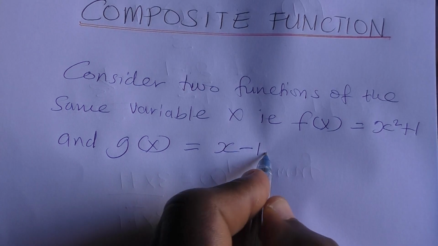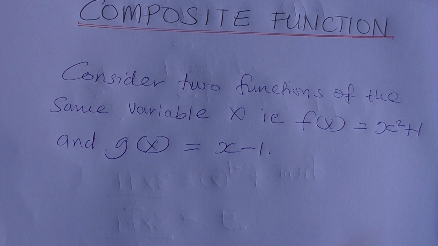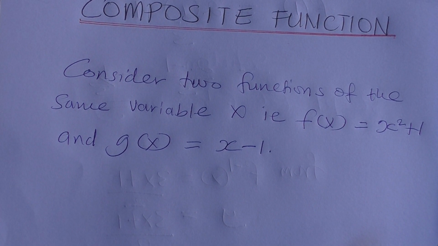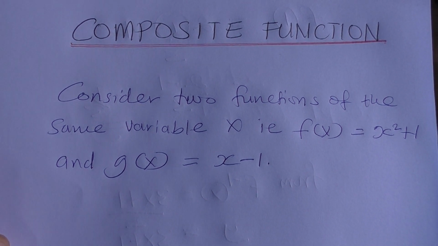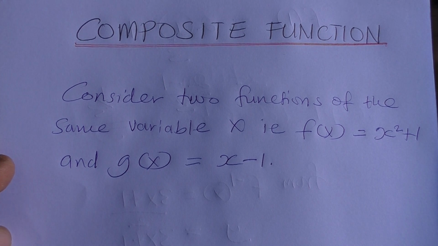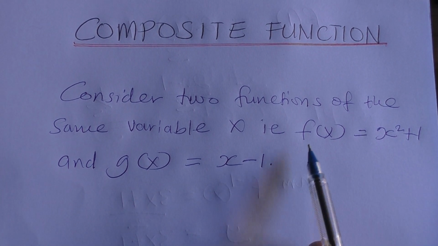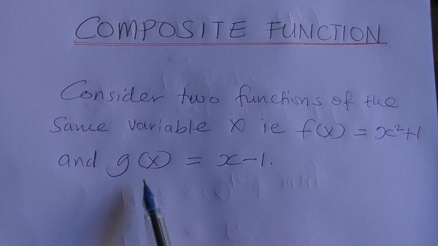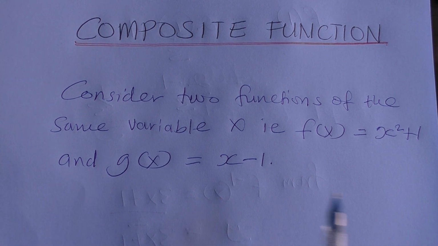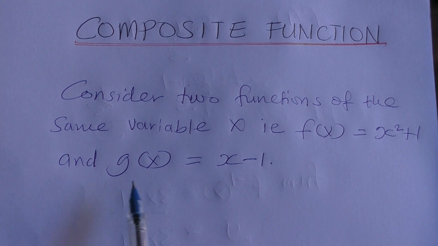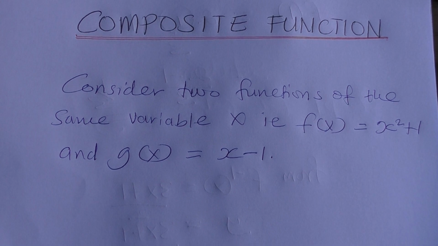So we have two functions of x. Composite functions should be functions of the same variable. Otherwise, we cannot get f of x and combine it with g of t. They should both be functions of the same variable. So we have f of x and g of x.